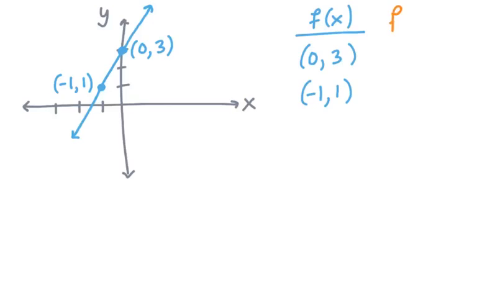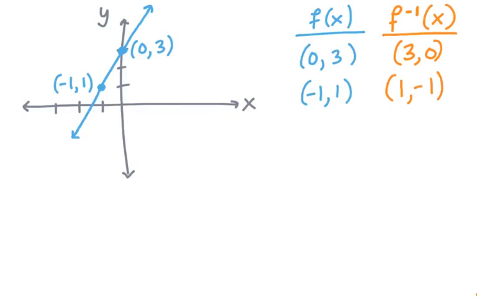I'm going to introduce good inverse notation, which you may have seen before: f inverse of x, with the little -1 exponent. That's a common notation for an inverse. Then I'll show in the table what its ordered pairs would be. If f had the ordered pair 0, 3, f inverse has the ordered pair 3, 0. So the x's and the y's are literally switching places. And if f had the ordered pair -1, 1, f inverse has the ordered pair 1, -1.